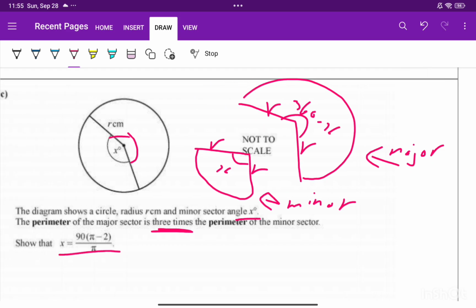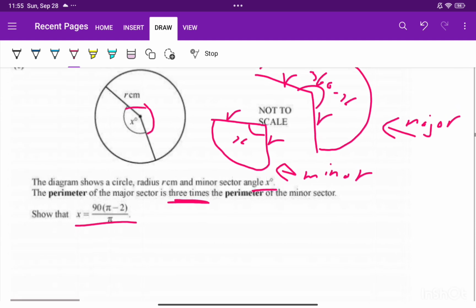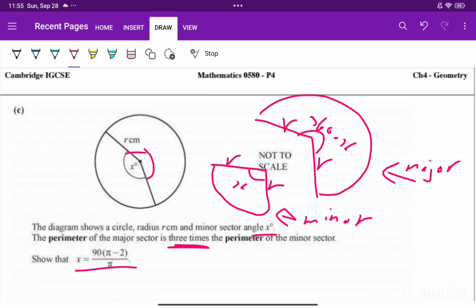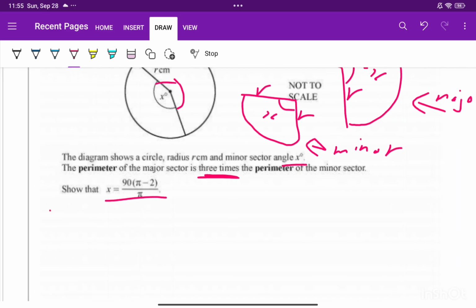So the perimeter of the major sector. The perimeter is the sum of all sides. We know this r, but we need to find the arc length. The arc formula is angle upon 360 multiplied by 2 pi r.